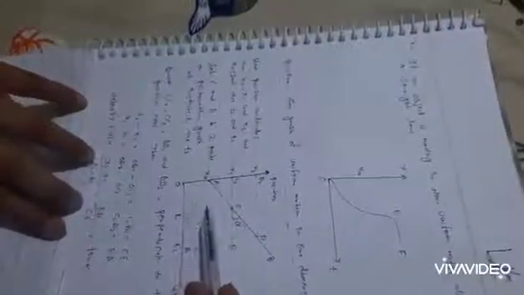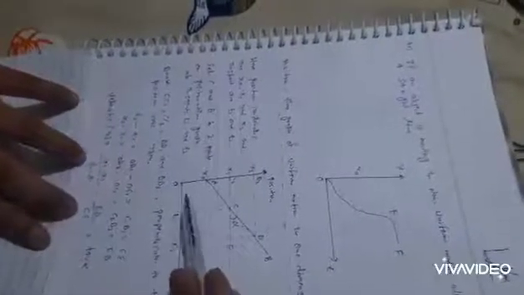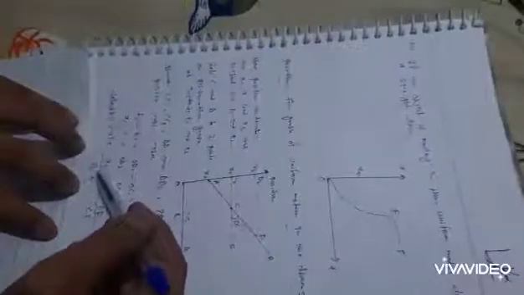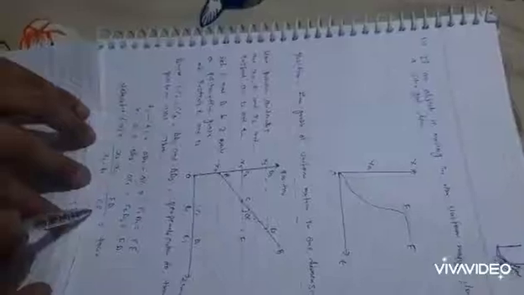The velocity is the change in displacement upon the time taken. So the velocity will be x2 minus x1 upon t2 minus t1, that is basically ED by CE.